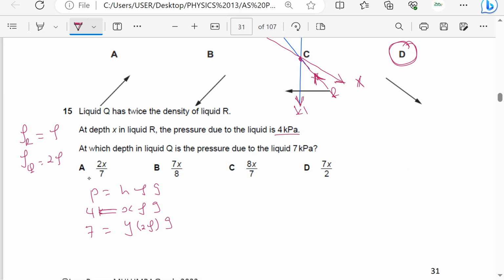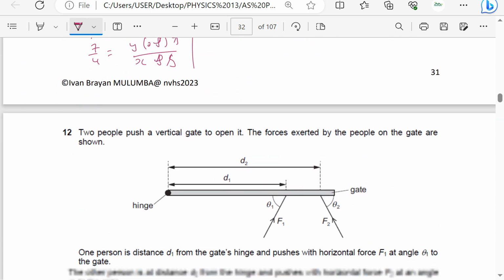I'll just divide the two equations. So I have that 7 divided by 4 is equal to Y times 2 rho g divided by X times rho g. So g cancels, rho cancels, making Y the subject. Y is equal to 7 over 4 times X. So our answer here is automatically going to be B. So the answer is B. That is fine. Okay.